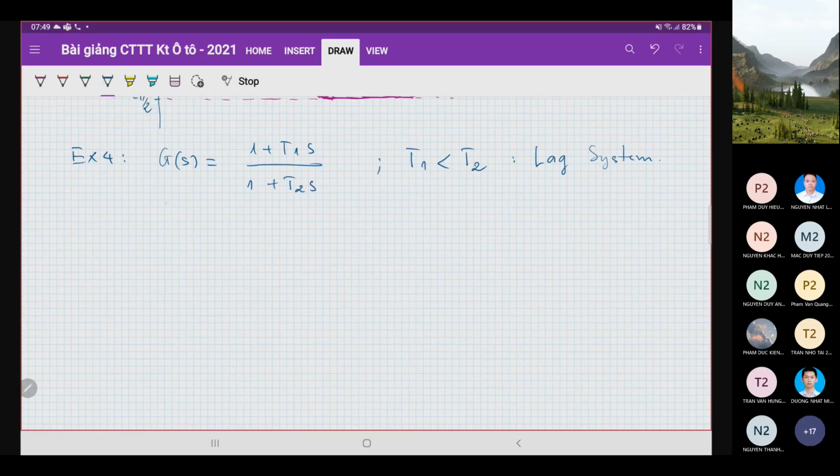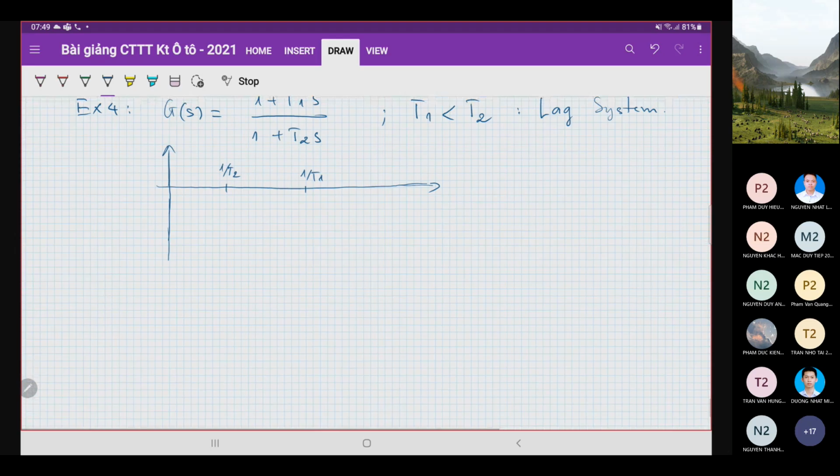You can do it by yourself at home, but I can write here quite fast. Okay, here is 1 over T1 and 1 over T2, 1 over T1 here.